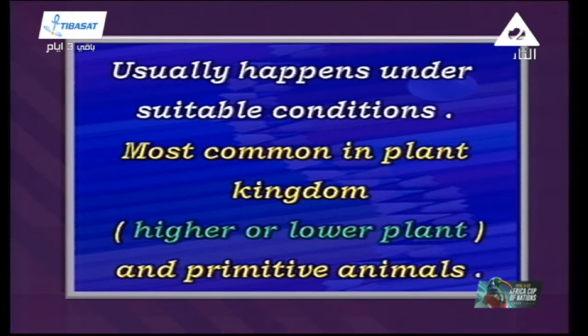So higher plants are flowering plants, while lower plants are ferns. And also in primitive animals, meaning unicellular living organisms or multicellular ones like starfish, hydra, and jellyfish. Those are primitive animals. Asexual reproduction is most common in the plant kingdom and primitive animals. And what else?